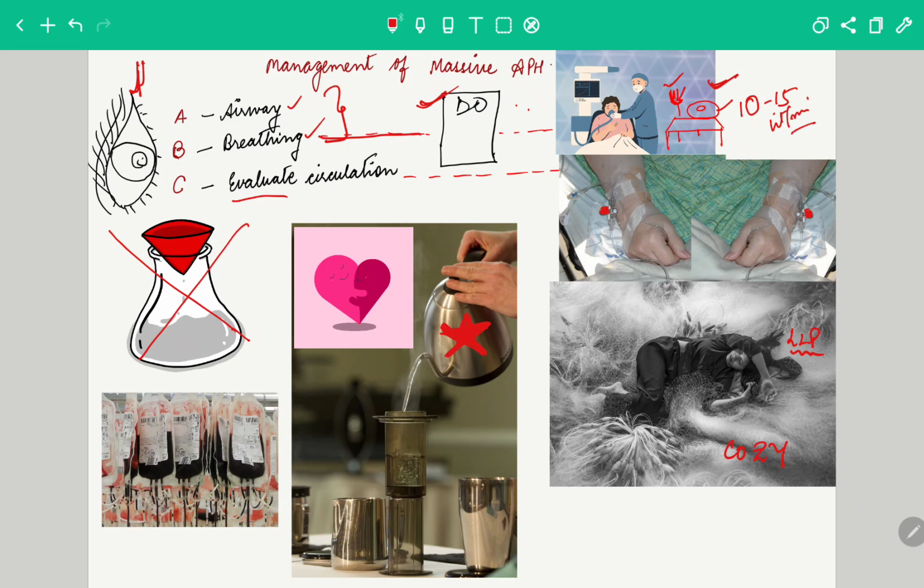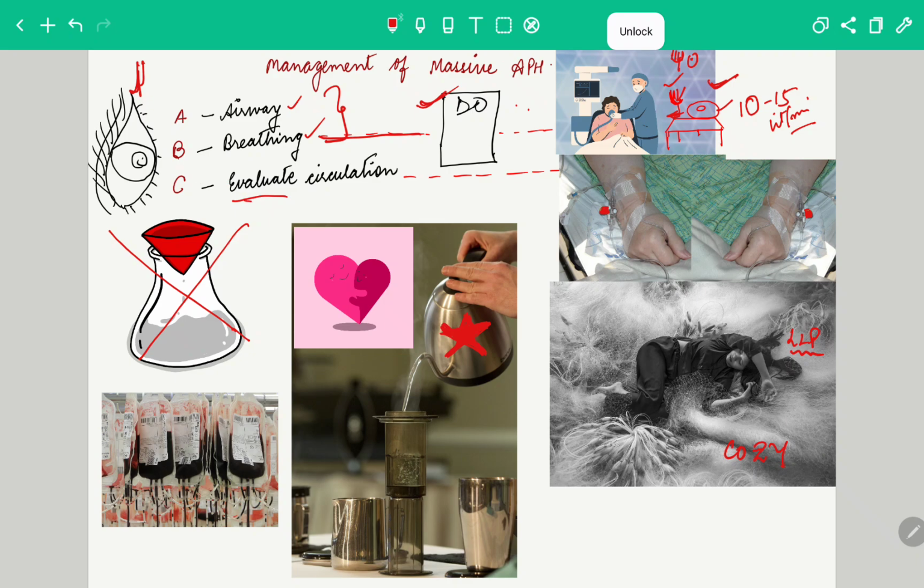This delicious table, this delicious plate with fork, is to serve oxygen at the rate of 10 to 15 liters per minute. It looks like the number 10, so I used the fork and plate to denote 10 liters per minute.